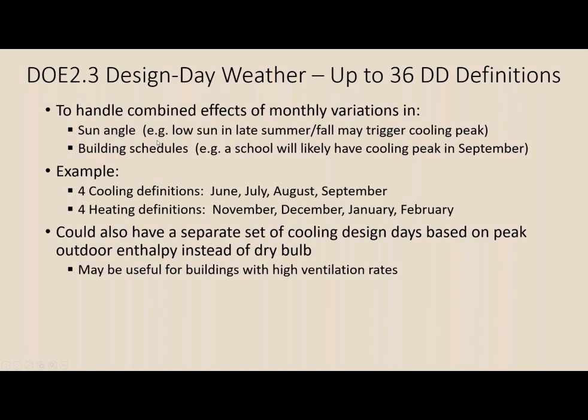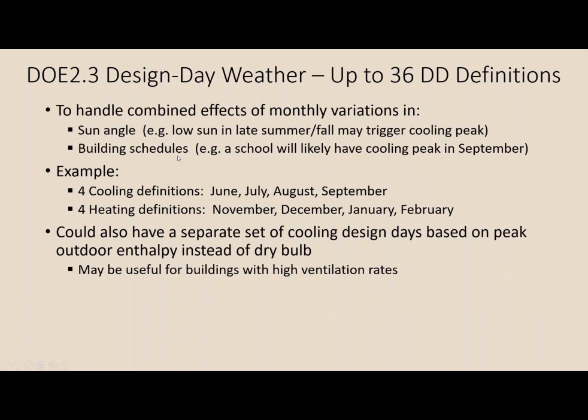In the summer, the sun angle tends to be high and the temperature tends to be high, so you may get less solar gain at the peak because of more shading from shading surfaces. Whereas in the fall, you have lower outside temperature, but with the low sun angle you may have more intense solar gain in spaces. So you're able to capture that more accurately by having a different design day for summer than you'd have for fall.